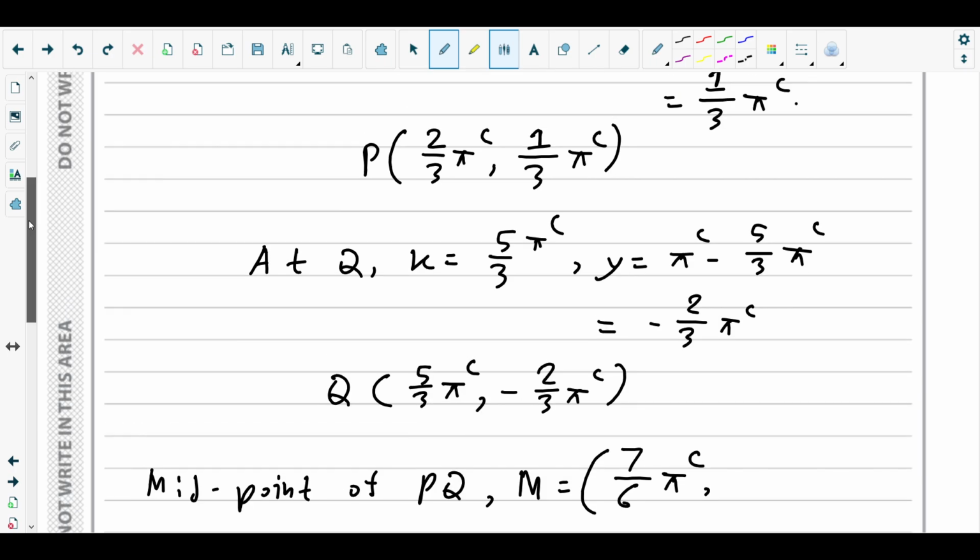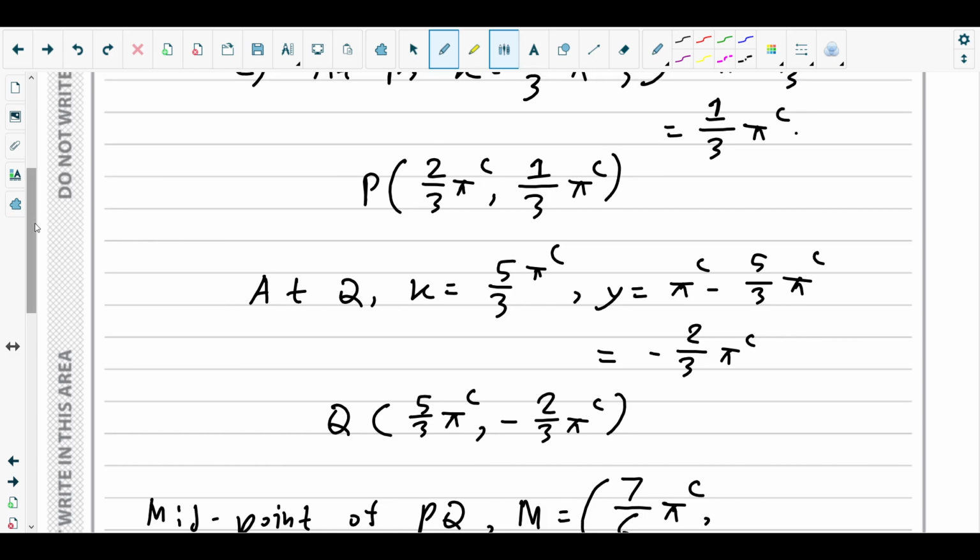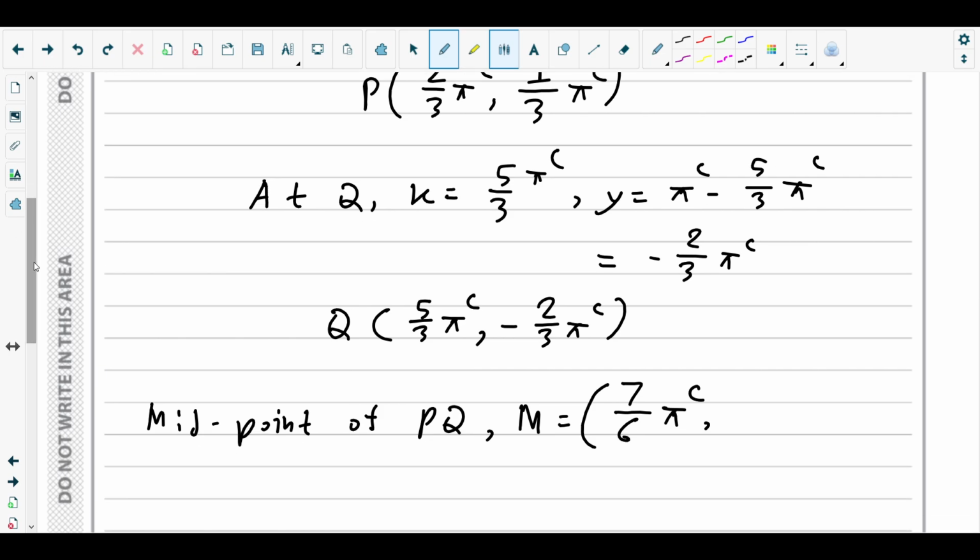The y coordinate is 1 over 3 minus 2 over 3, which gives negative 1 over 3 pi radian, over 2, that is negative 1 over 6 pi radian.